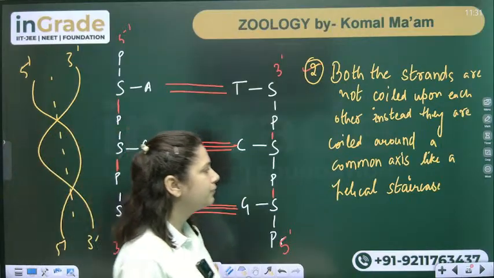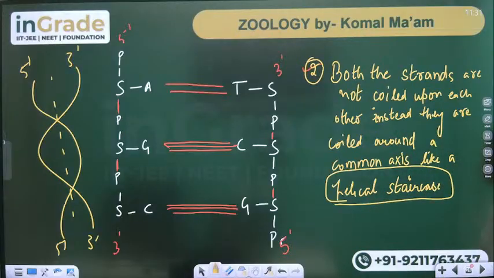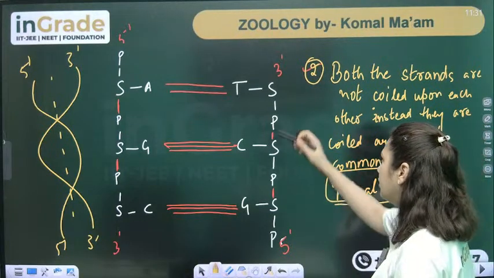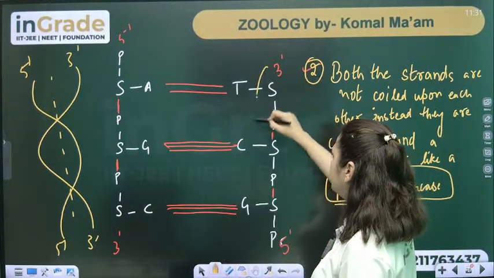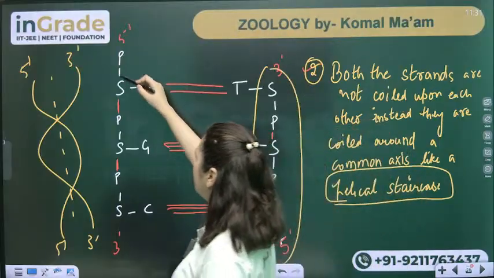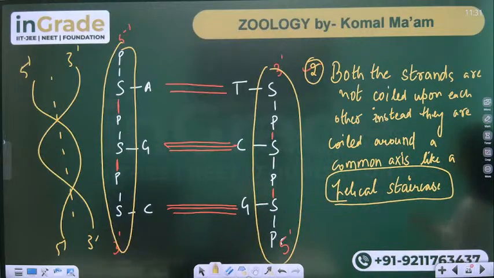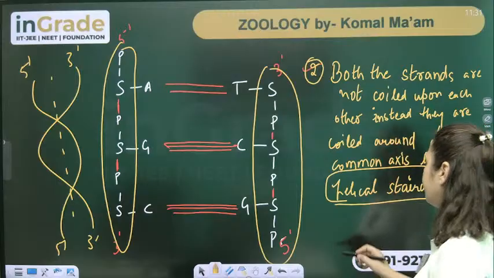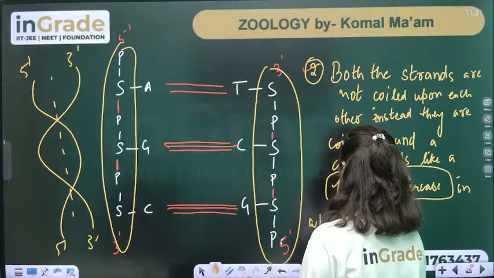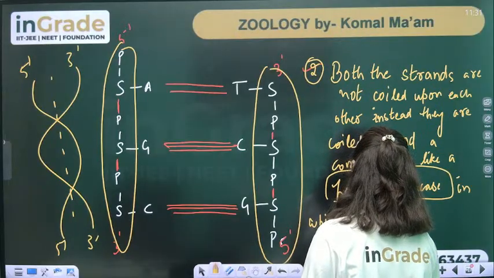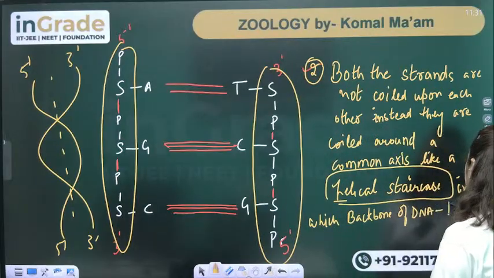Okay class, the structure of DNA is compared with the helical staircase, in which this is all the backbone of DNA. It is compared to the railings of the staircase, in which the backbone of DNA is the railings of the staircase.